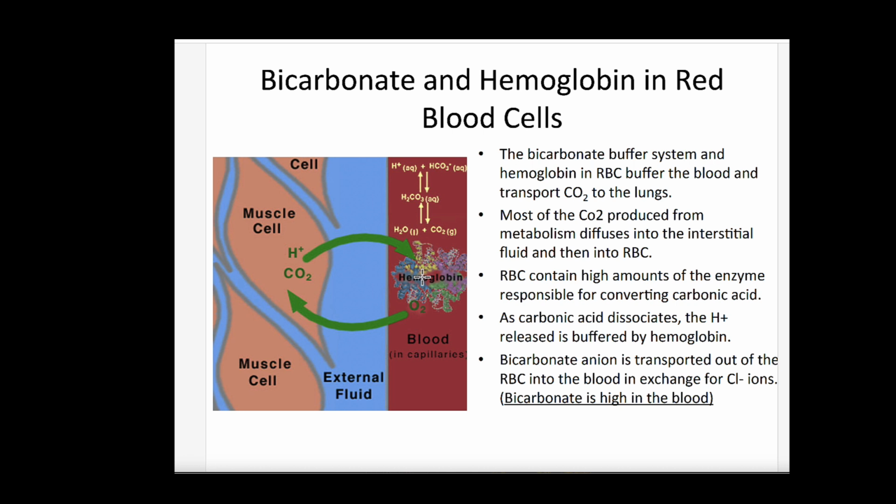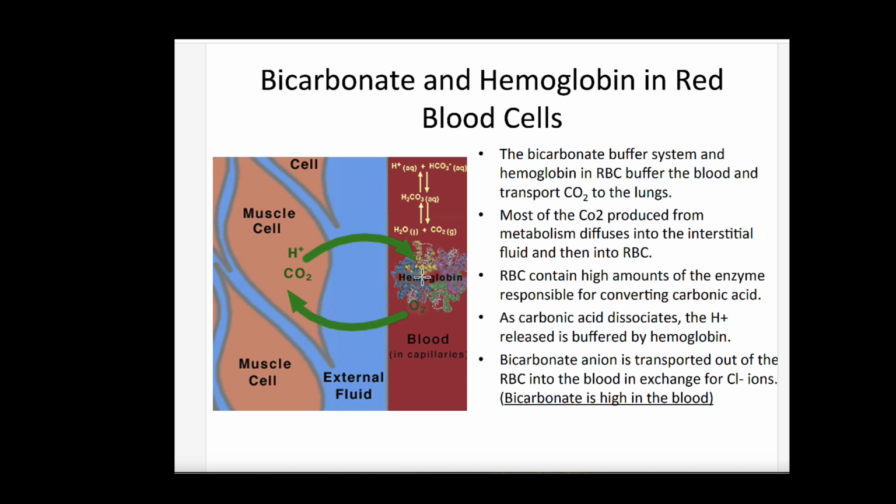CO2 is then released from the red blood cells, causing more carbonic acid to dissociate into CO2 and water, and more hydrogen ions to combine with bicarbonate to form carbonic acid. Hemoglobin loses some of its hydrogen ions, which allows for oxygen binding. And the bicarbonate buffer system is linked to the delivery of oxygen into the tissues.